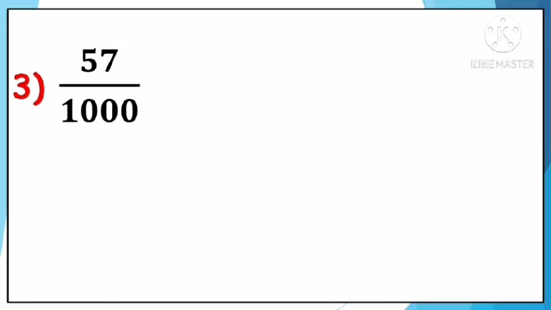Here, as per our tip, we know that the number of digits in the numerator is not equal to the number of zeros in the denominator. So, while writing the decimal fraction, we will add 1 zero before the numerator. So, 0.057. Great. Now comes the fourth one.